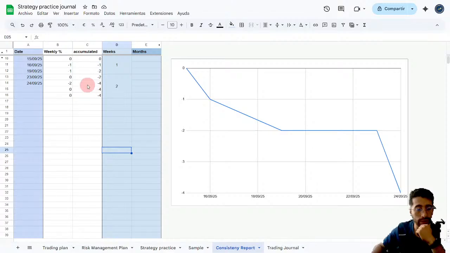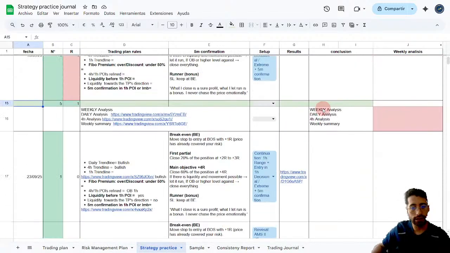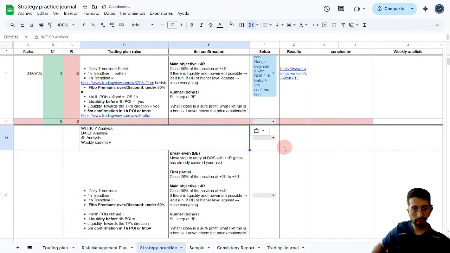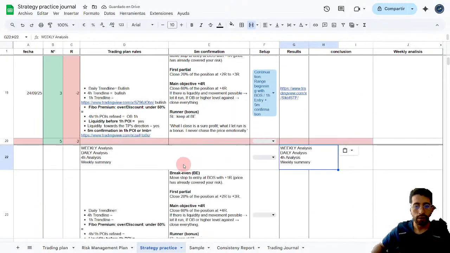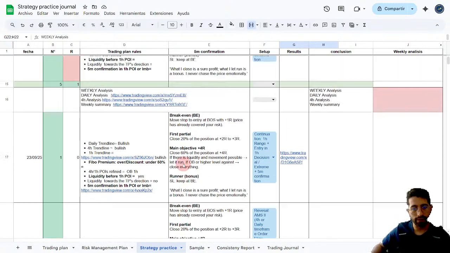So in the first 2 weeks with this strategy, I actually had no results so far. And this is when I need to be patient enough because this is in the long run. My plan is to execute at least 30 weeks or the 56 weeks, like a whole year with this strategy. Once I have a whole year of backtesting of this strategy, I can tell, all right, this is profitable.